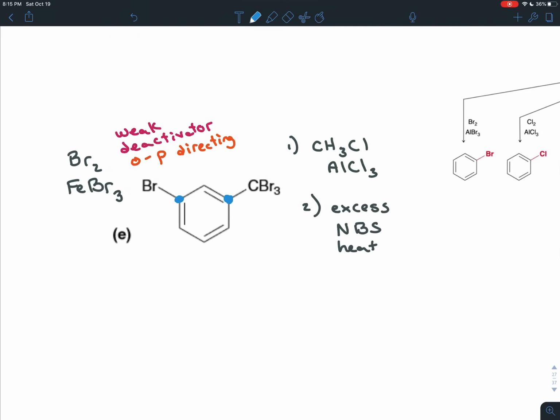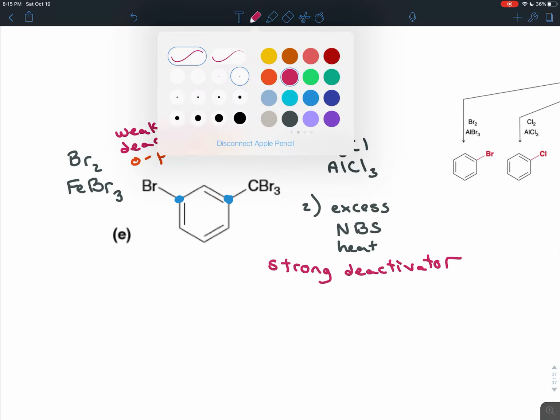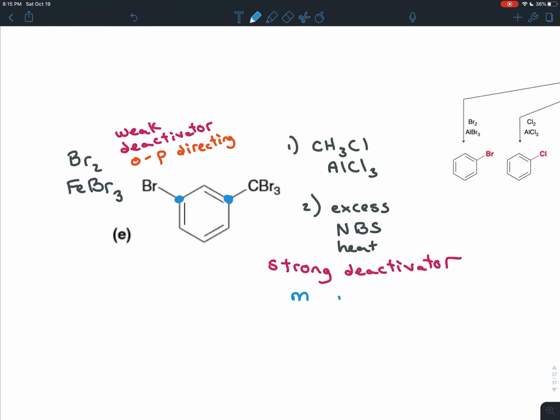CBr3, that's like CX3. That's one of the 3 strong deactivators. And like all the strong deactivators, that is meta-directing.